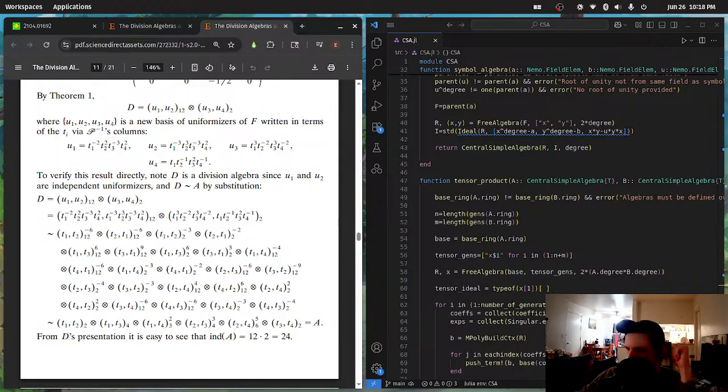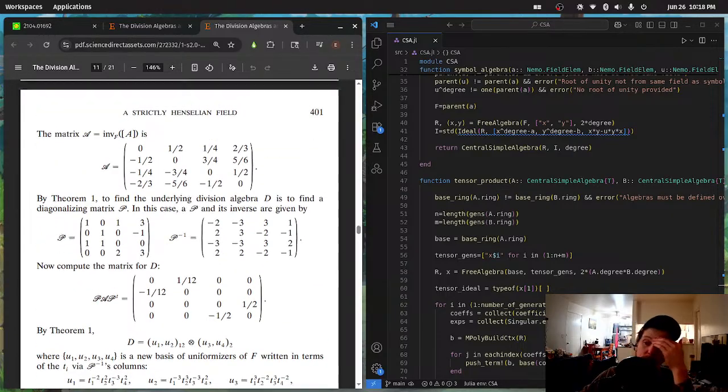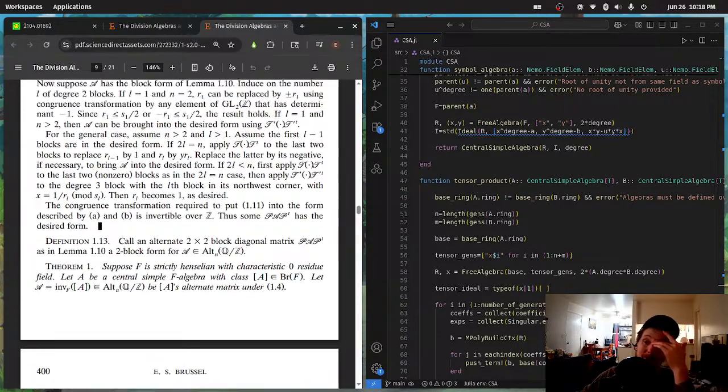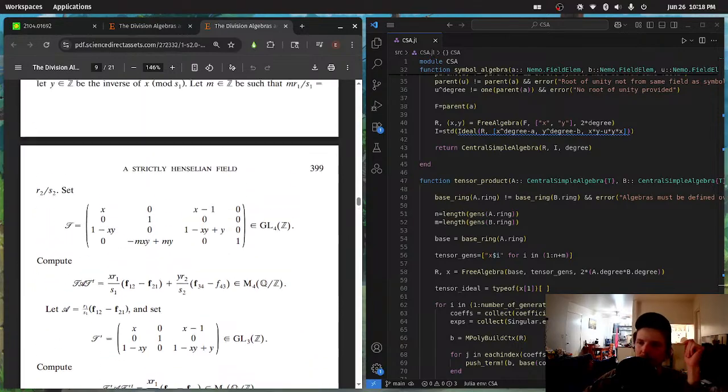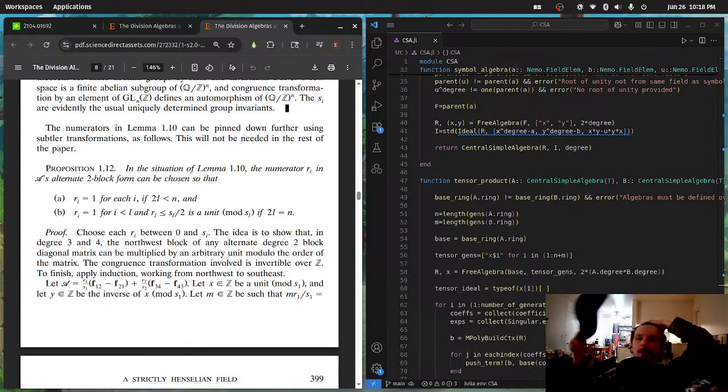Okay, if that is even remotely possible, this would at least give us some way of checking whether or not an algebra over a function field has maximal index. We just write down the algebra.